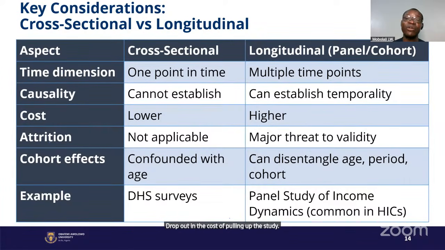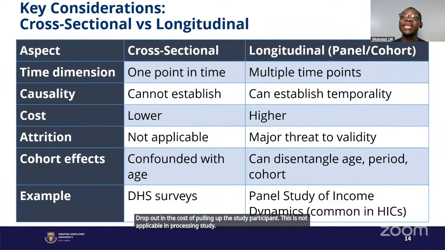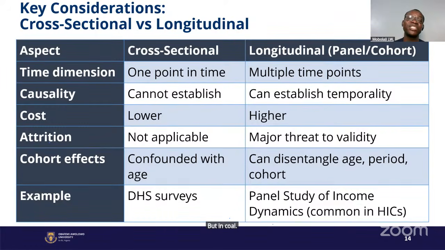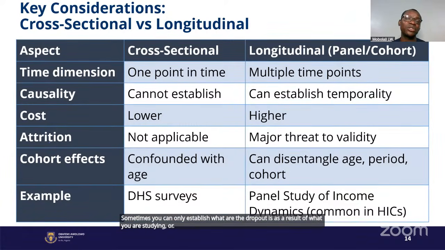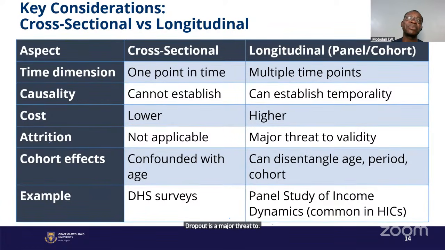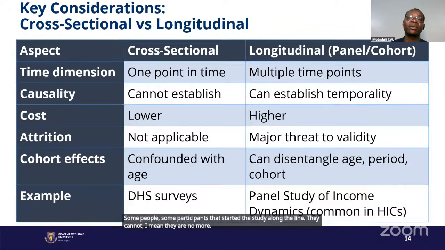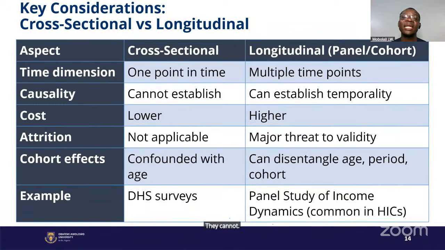This is not applicable in cross-sectional study, but in cohort study it is a major issue, because sometimes you cannot establish whether the dropout is a result of what you are studying or of other factors. So dropout is a major threat to cohort study. Some participants that started the study along the line are lost to follow up, and with that, it affects the end line assessment.